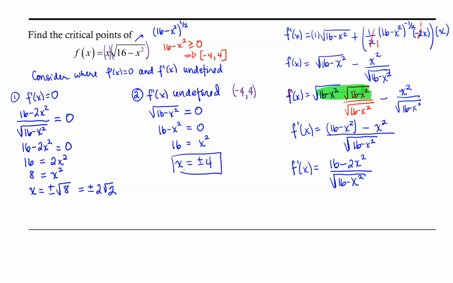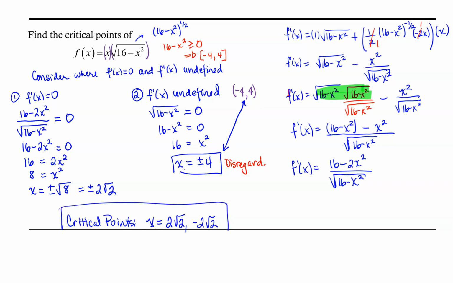Now notice, in the case where our derivative is undefined, we only want interior points. That means we only want values between -4 and 4. So we will disregard these 2 points because they are not interior to the domain. So our critical points, we only have 2 of them, and they are x equals 2 square root of 2 and -2 square root of 2. I hope this is helpful.